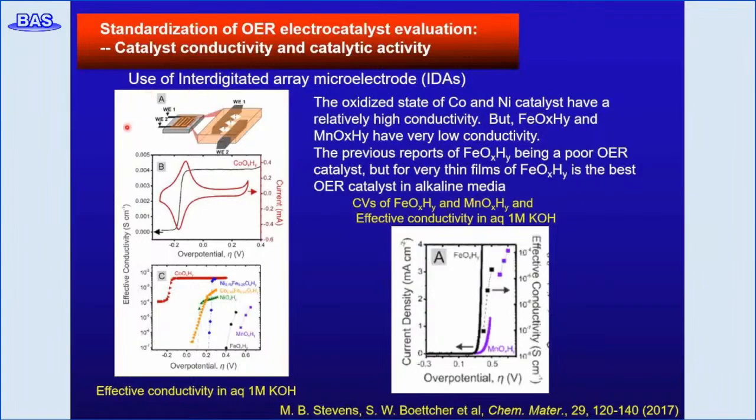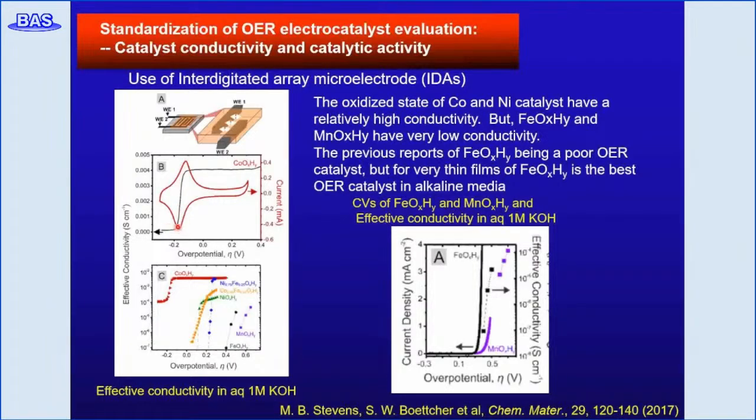Here is the cyclic voltammogram of the cobalt hydroxide film and the corresponding change in conductivity as the black line. When cobalt is 3 plus, the conductivity is good, but when cobalt is reduced to cobalt 2 plus, it becomes insulating.